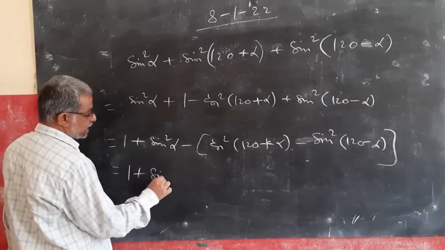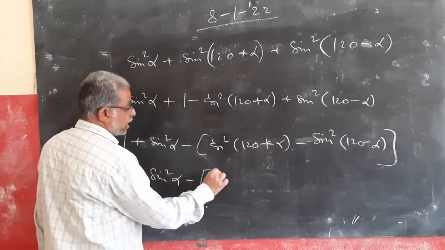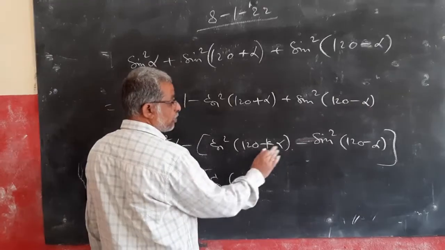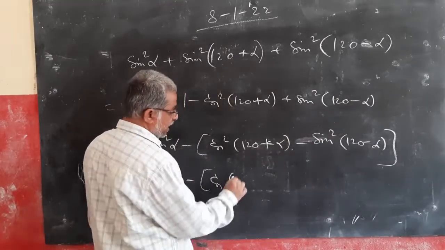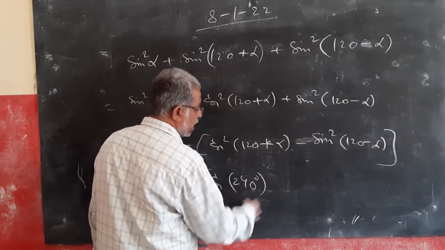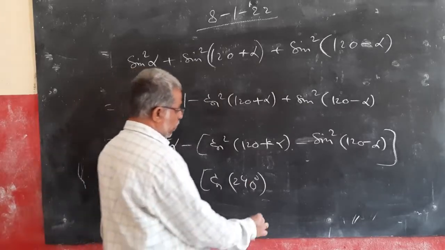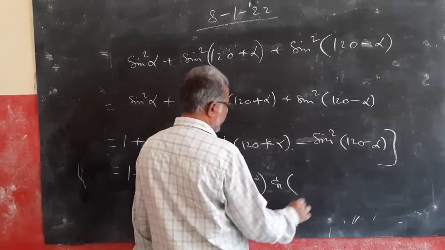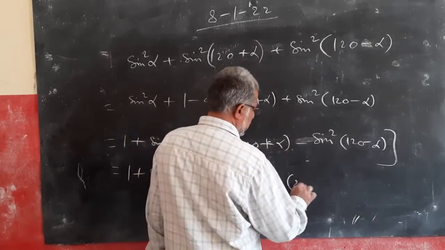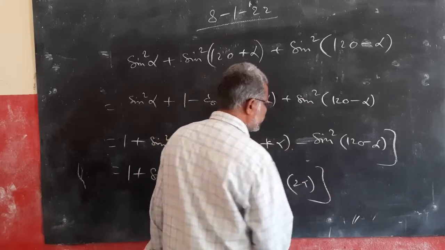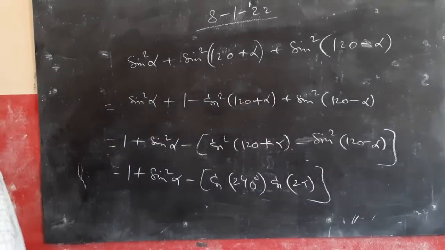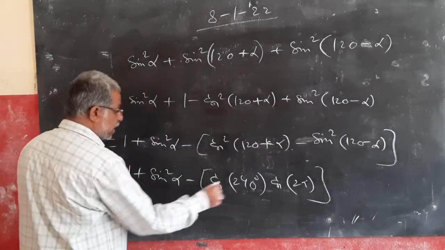So 1 plus sin square alpha minus cos of (120 plus alpha plus 120 minus alpha), which becomes 240, alpha cancels, into cos of a minus b, 120 cancels, becomes 2 alpha. So it becomes cos 2 alpha.